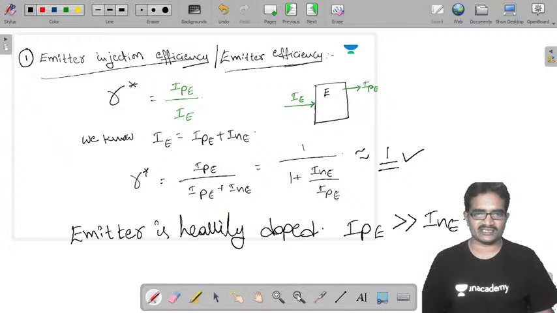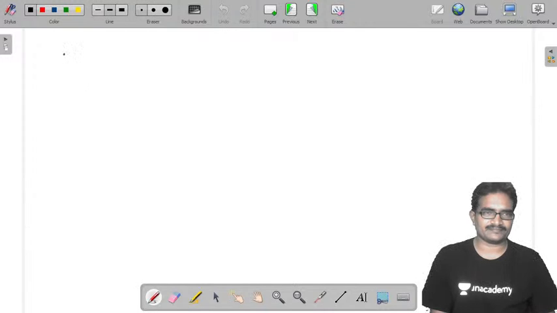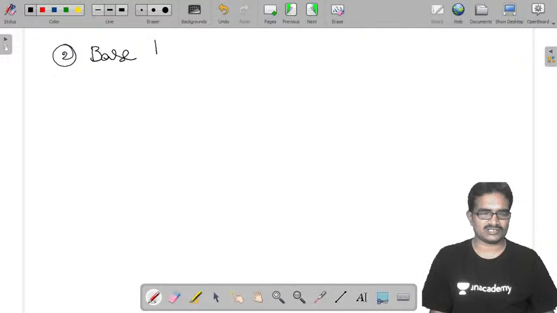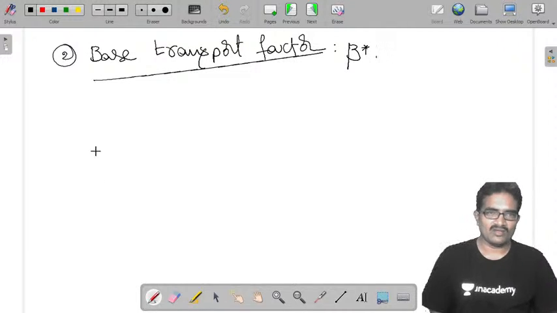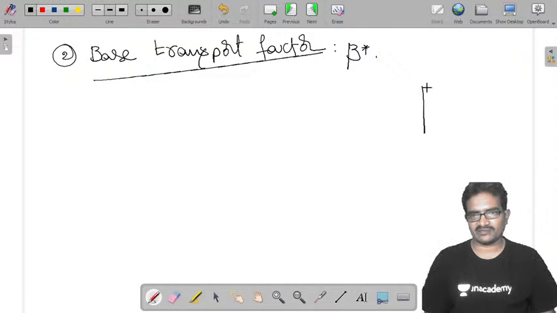The second one is base transport factor. It is represented by beta star. Now I am taking the base part only, the base terminal of your transistor.